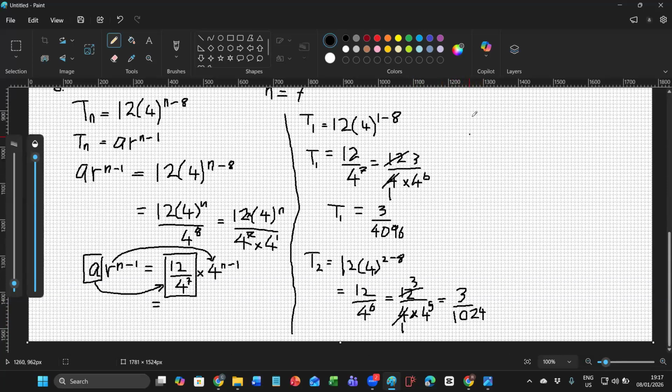R will be, let's just quickly do this because of space, R will be C2 over C1, isn't it? C2 divided by C1. And that should give us 3 over 1024 divided by 3 over 4096.